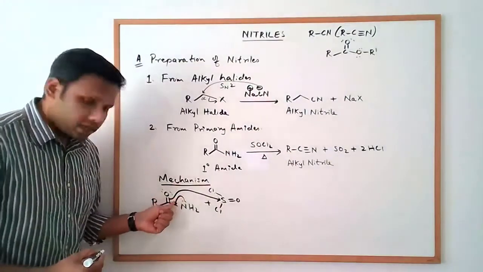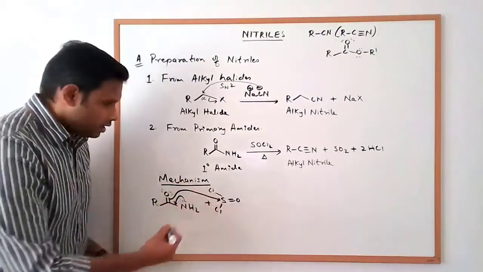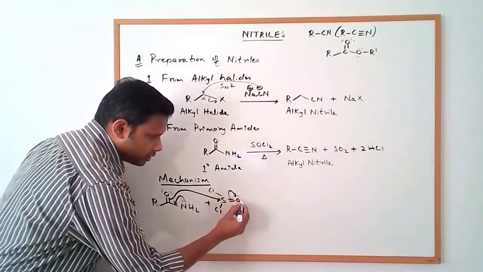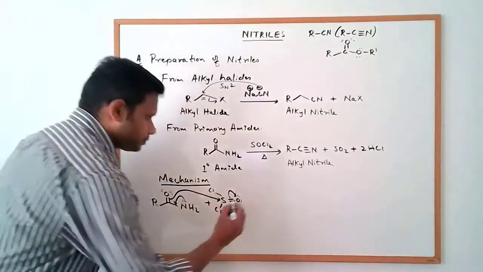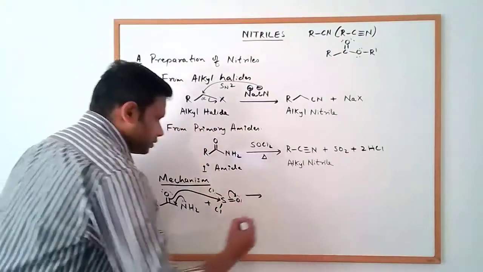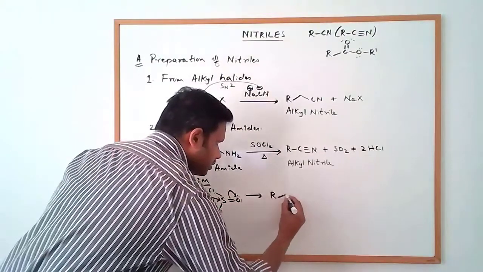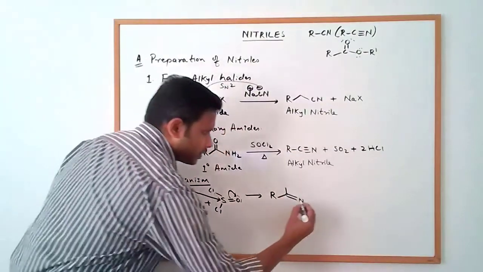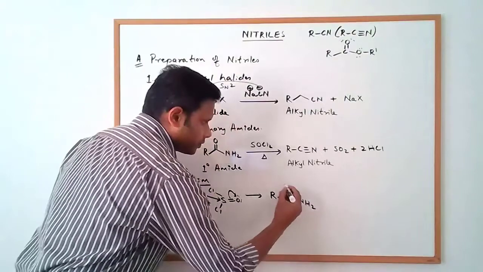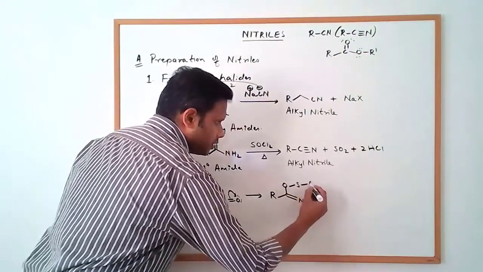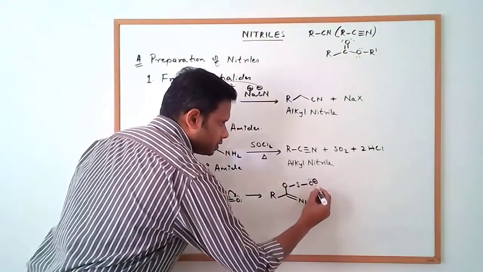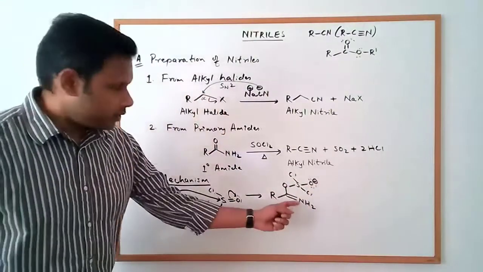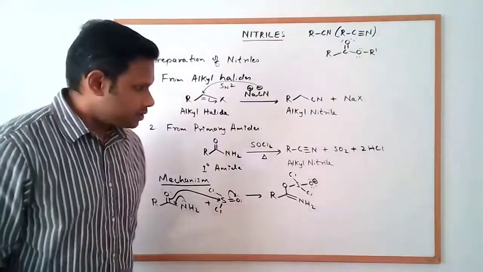As the sulfur is attacked, the double bond gets moved over, and it would bring us to the next intermediate, which is going to have a double bond to NH2, an O-sulfur single bond to the oxygen with a negative charge, and two chlorines on the sulfur. So that would be our next intermediate.